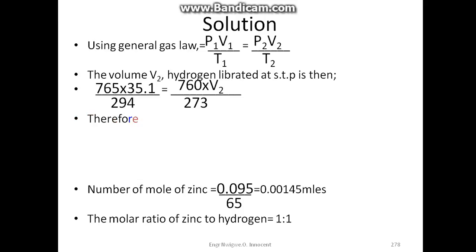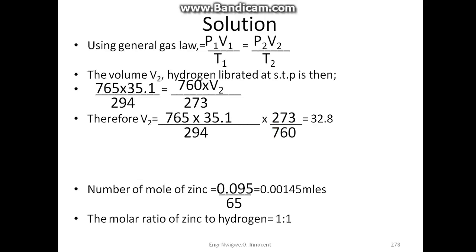Therefore, making V2 the subject of the formula, we have 765 times 35.1 divided by 294, times 273 divided by 760, which will now give us 32.8 cm cube.